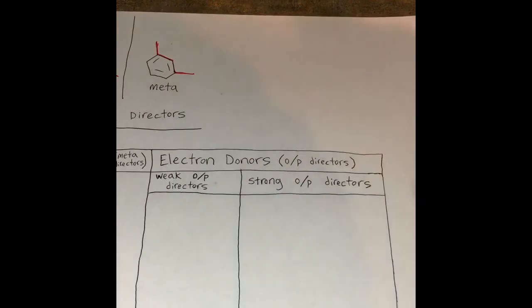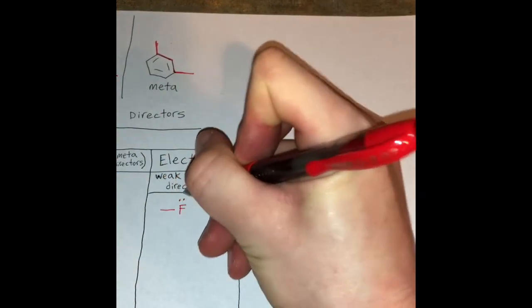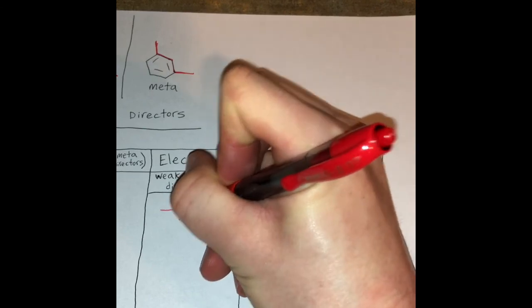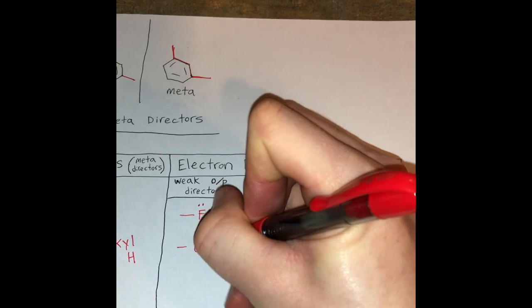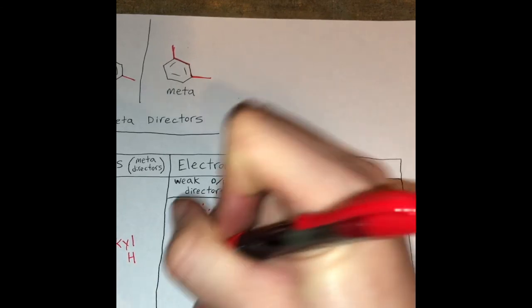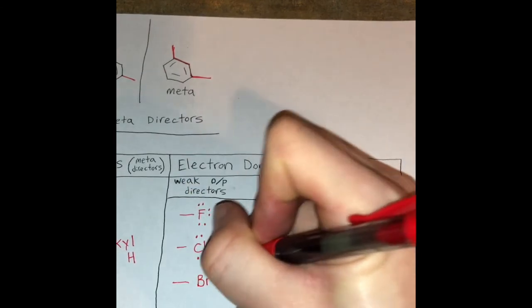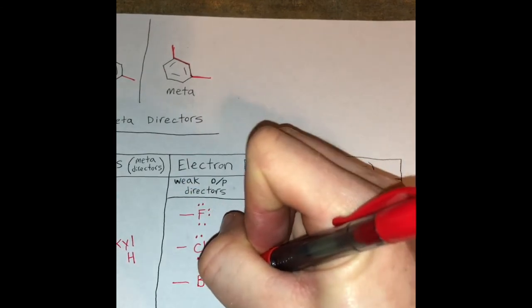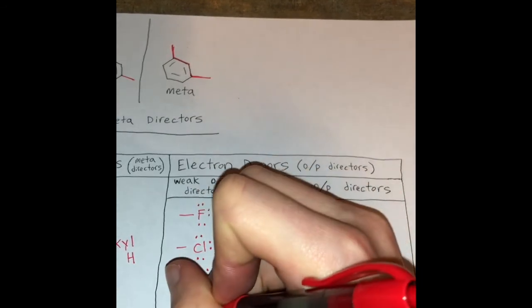So fluorine, chlorine, bromine, and finally iodine.